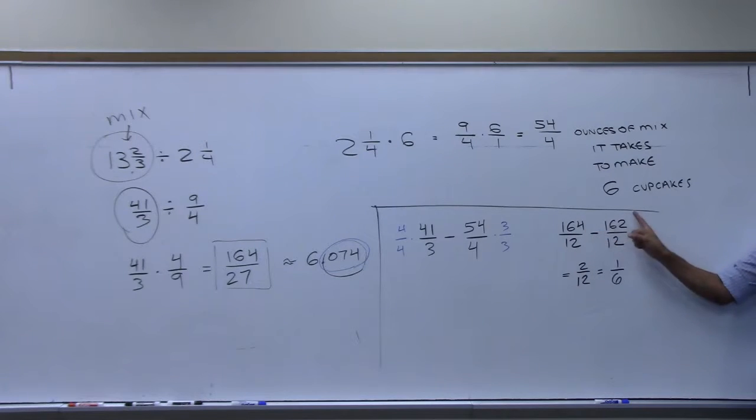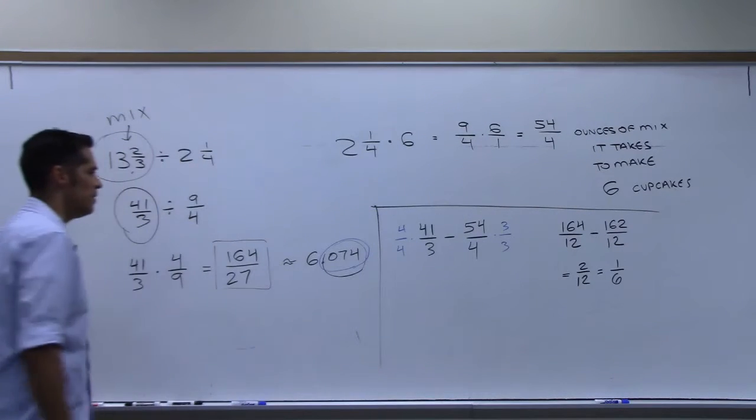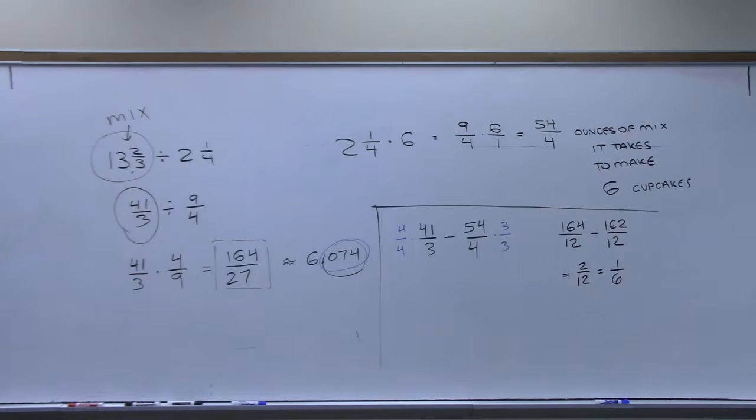So you subtract, keep the denominator, reduce the fraction. 1/6 of a cupcake left over. Now, I think that's good. Let's move on.